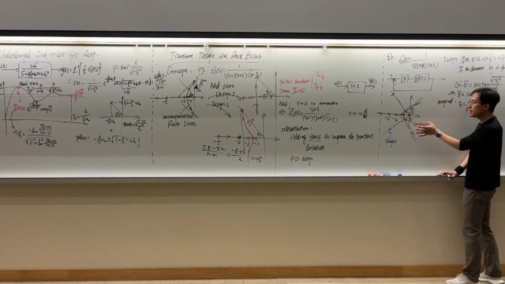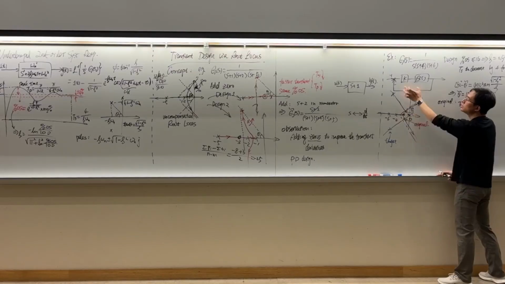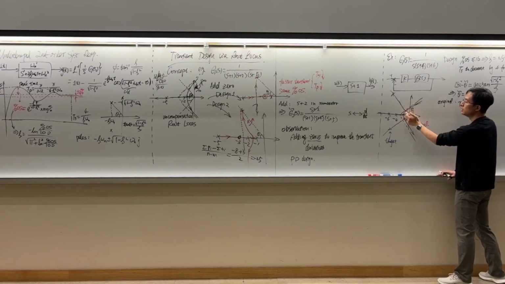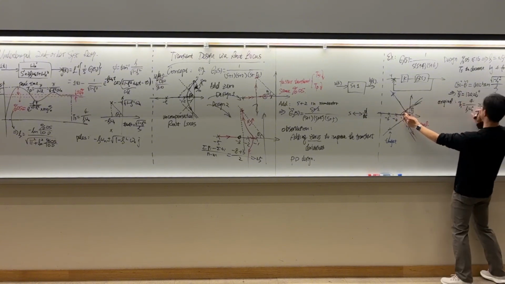The way to read it is you can draw the original root locus, you know where to find this angle, so you can draw a line, find the location, and read the real part of this to get this one.